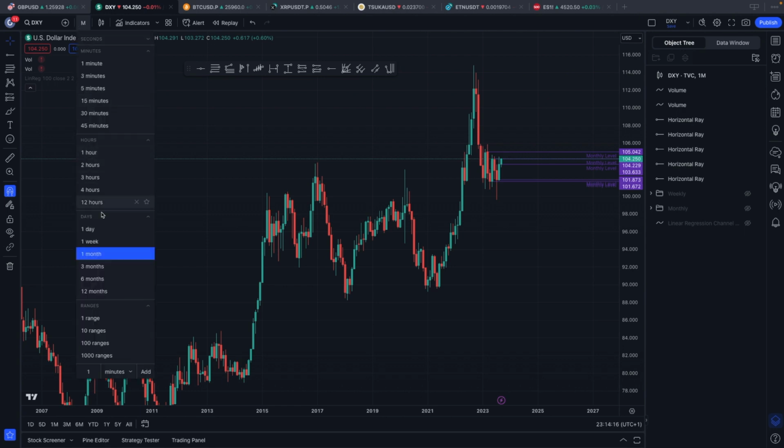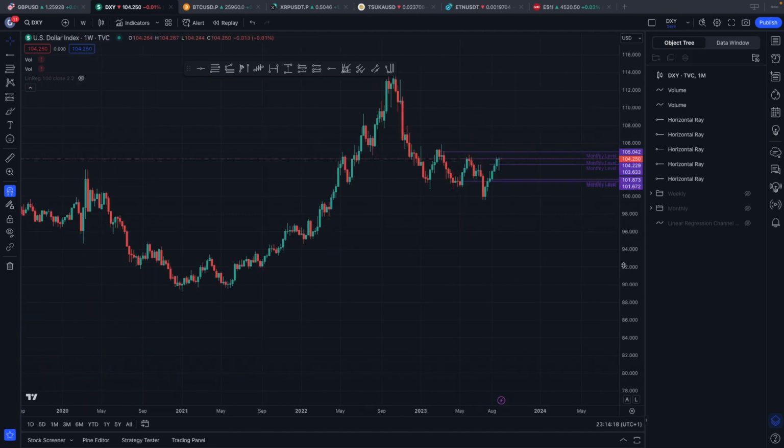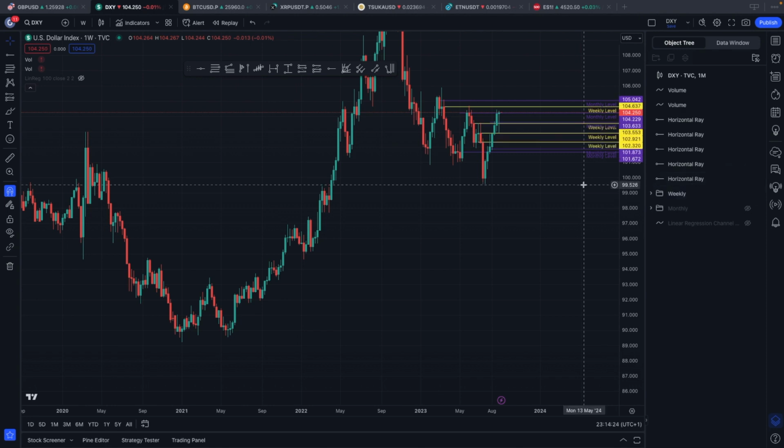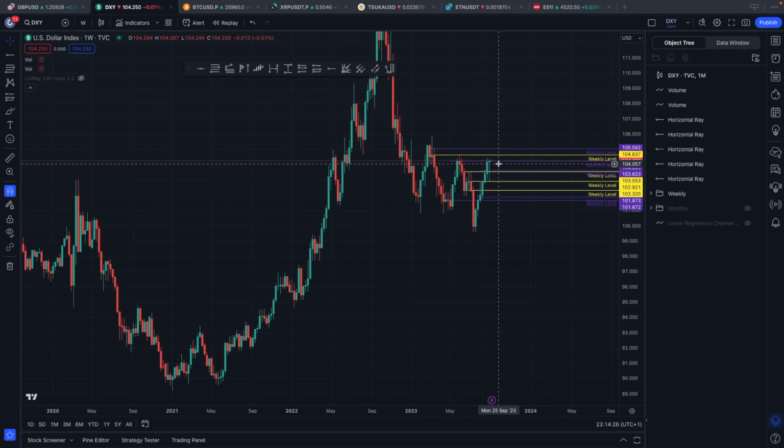Let's do weekly. We've already got some weekly levels. I'll put that up if we've got any more. I've got the monthly here, so no point doing more weeklies. This is already broken through. We've broken through it twice. We've retested this. Going weekly here would literally be the second time we're going through it.